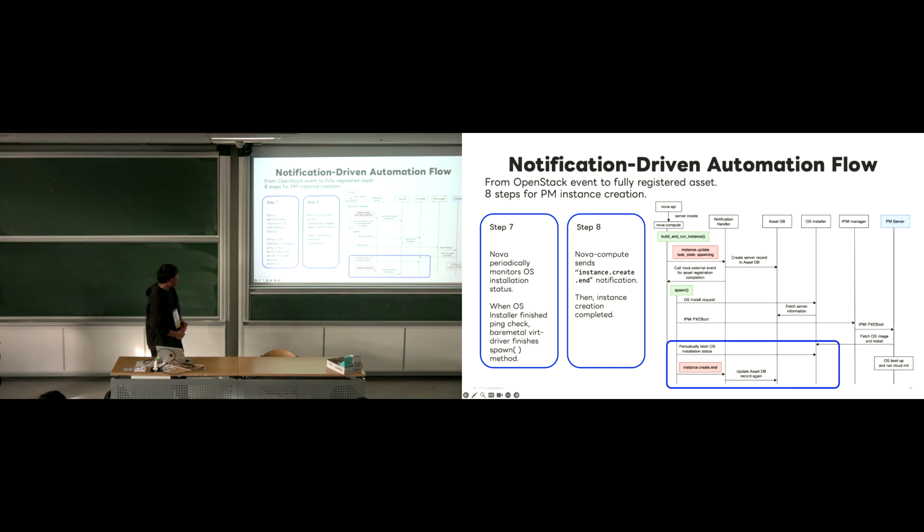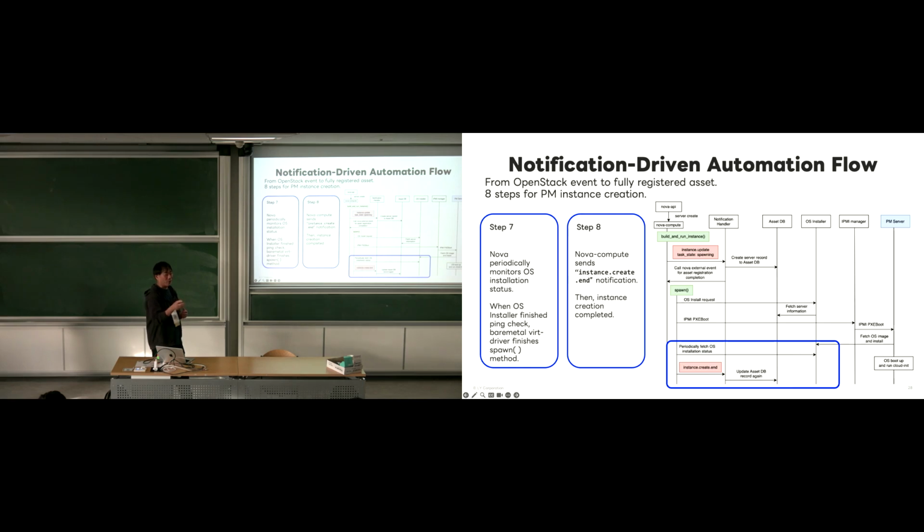And the step 7, so during the OS installation, normally it takes, let's say, 10 minutes or 15 minutes because it's a simple OS installation to the new hard disk. So during that OS installation phase, the Nova compute periodically checks with the OS installer and asks, hey, what is the current situation?